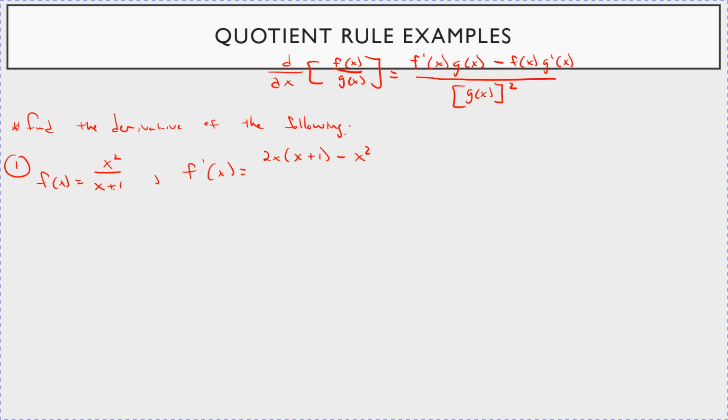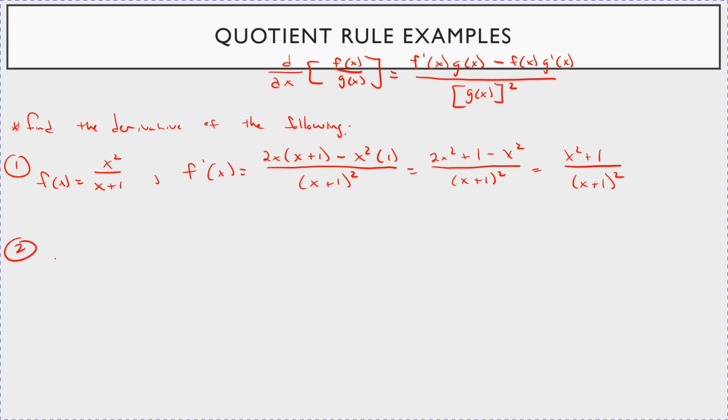Well, the derivative of x is just 1, and the derivative of 1 is 0, so this is just times 1, all over x plus 1 squared, because you just square the denominator. So you're going to have to clean this up, okay? So this is 2x squared plus 2x minus x squared all over x plus 1 squared. 2x squared minus x squared just gets me x squared plus 2x divided by x plus 1 squared. So it's always going to be important to clean this up, to simplify it after you follow the formula.